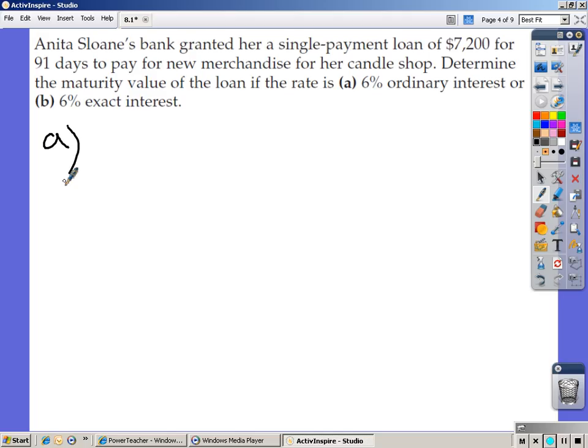In order to find the interest, we take the price of the loan times the interest rate of 6% times, since this is ordinary interest, it is out of 360. She has 91 days to pay.